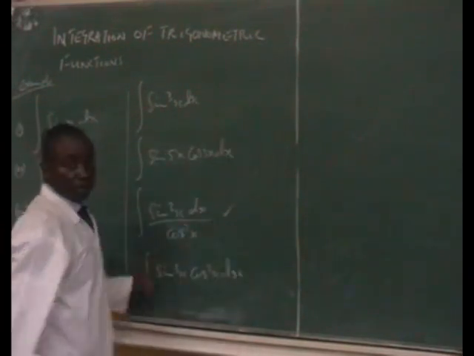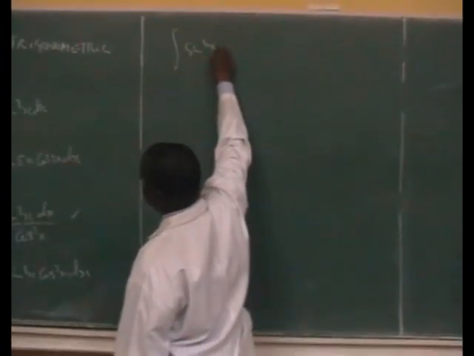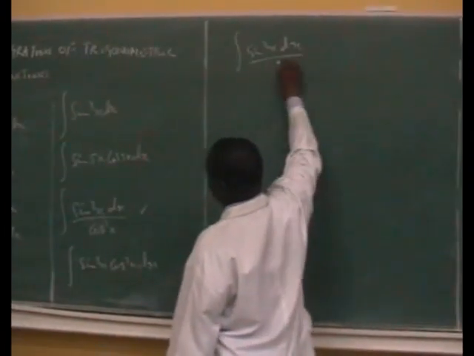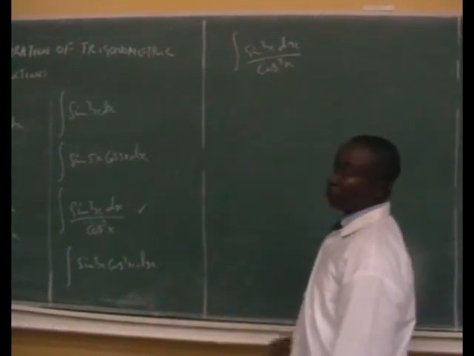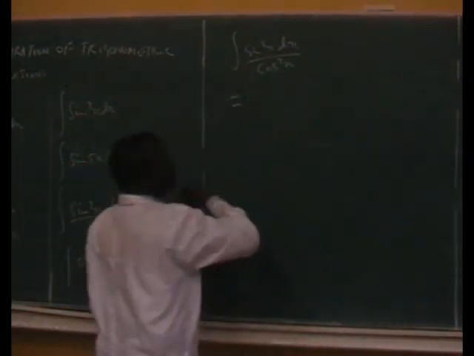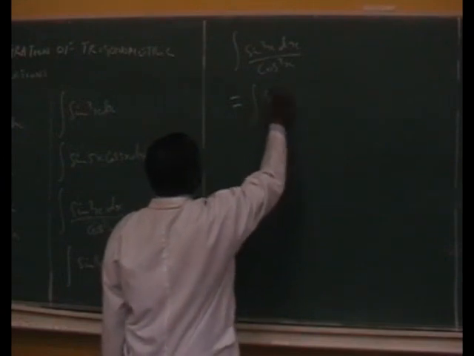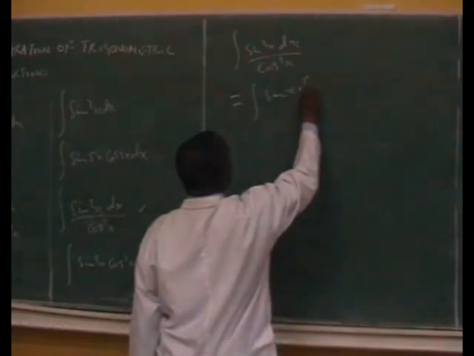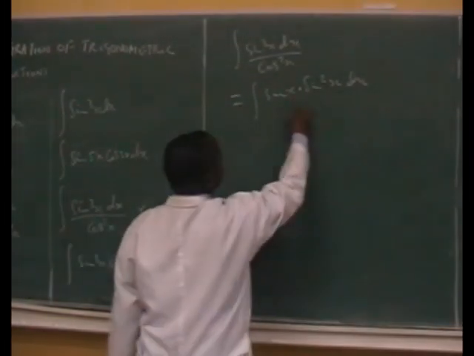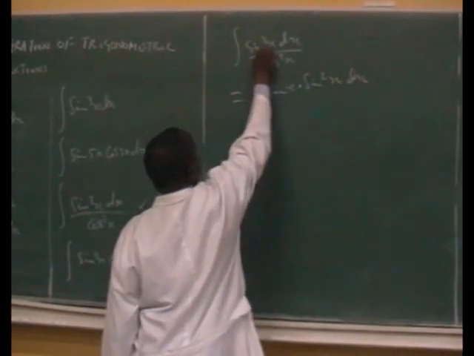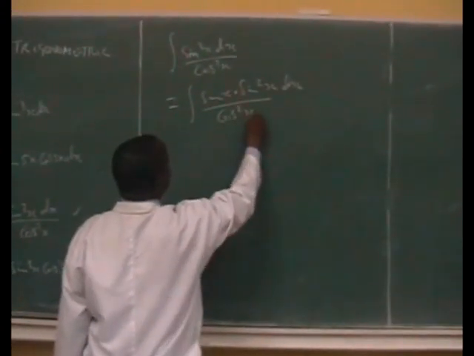I'm taking this one now. That is integral of sine cube x dx all over cos square x. We want to integrate something like this. We can also express it using identity. This thing will be the same as integral of sine x times sine square x dx, all over cos square x.